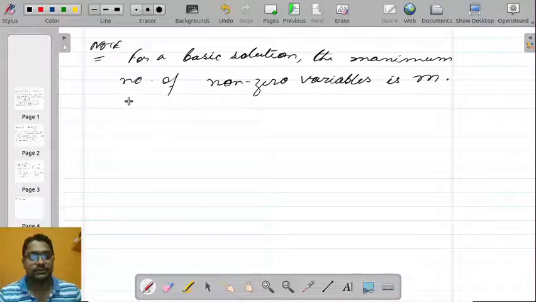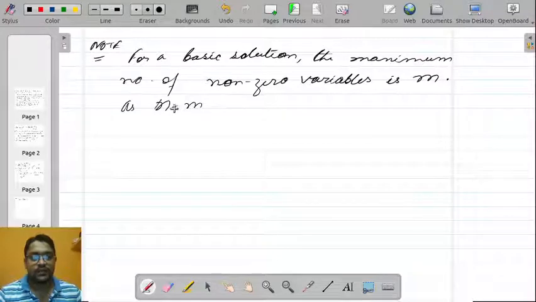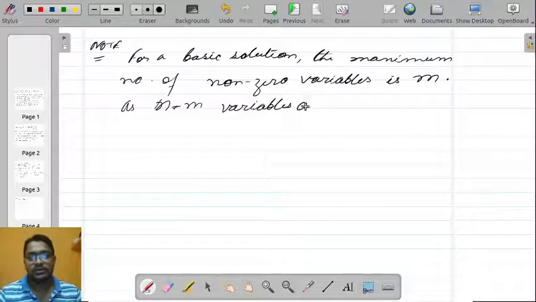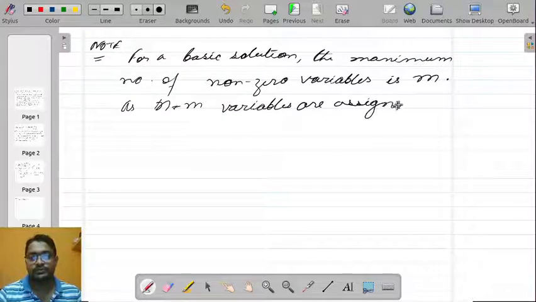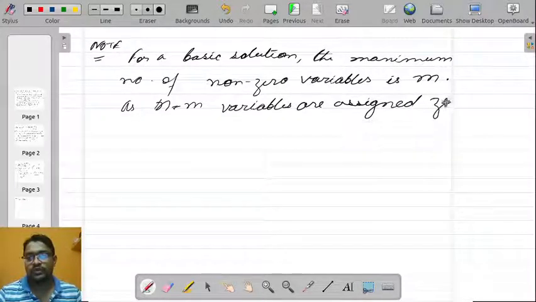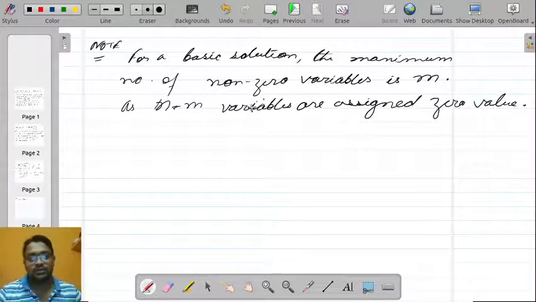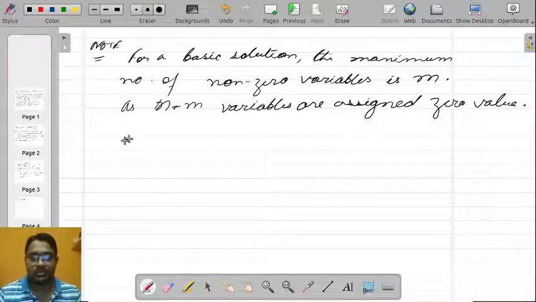As n minus m variables are assigned 0 value, it may happen that some of the basic variables are also 0.